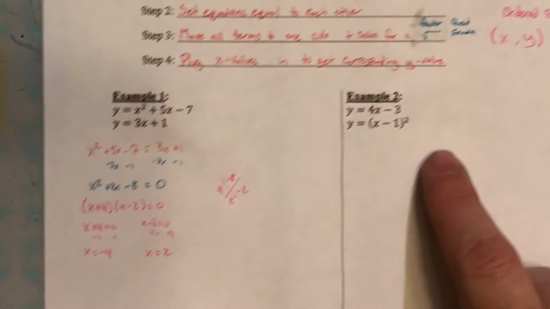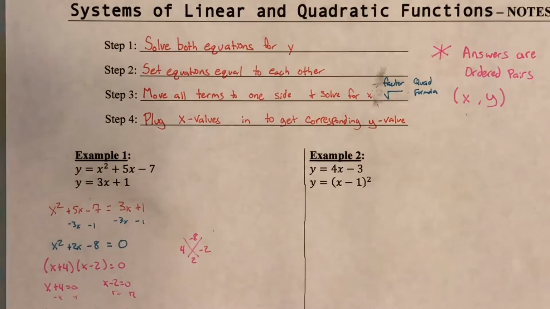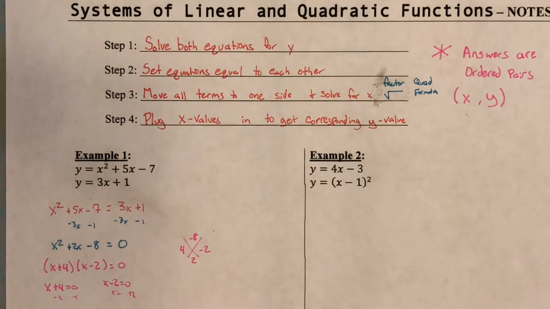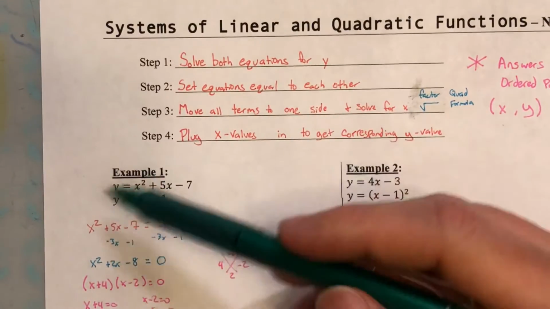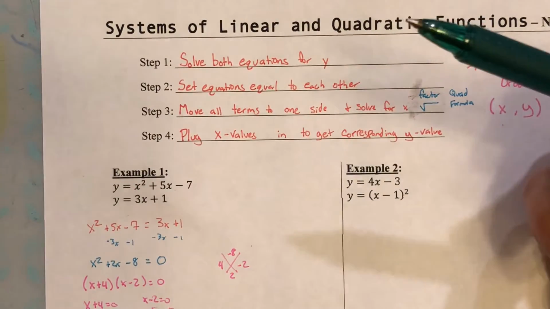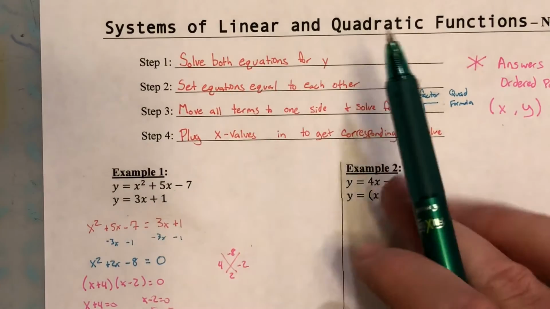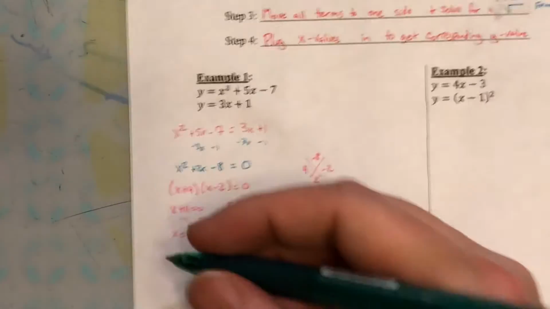The additional thing that we have to do now is, once we have found our x values, we need to plug those x values back into one of the equations, which typically we'll want to use the linear equation because it's less work that we have to do with it. So we'll plug it back into that linear equation. That way we can solve for y.